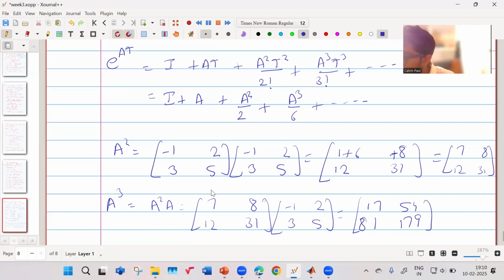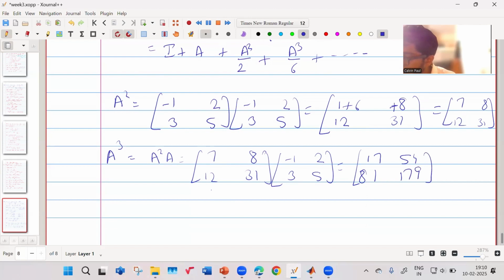Now what is our e to the power A? That is I plus A plus A squared upon 2 plus A cubed upon 6.